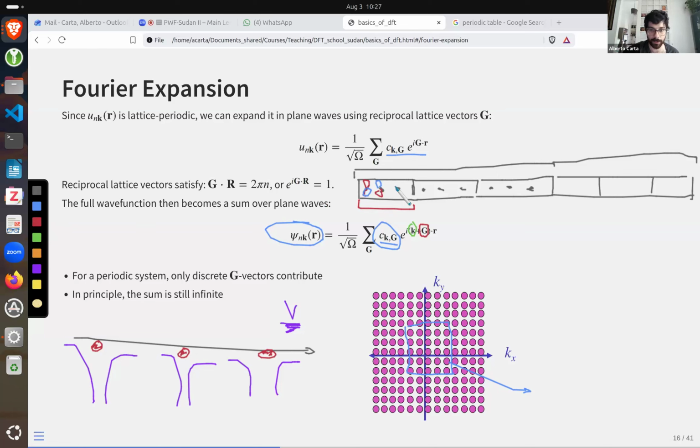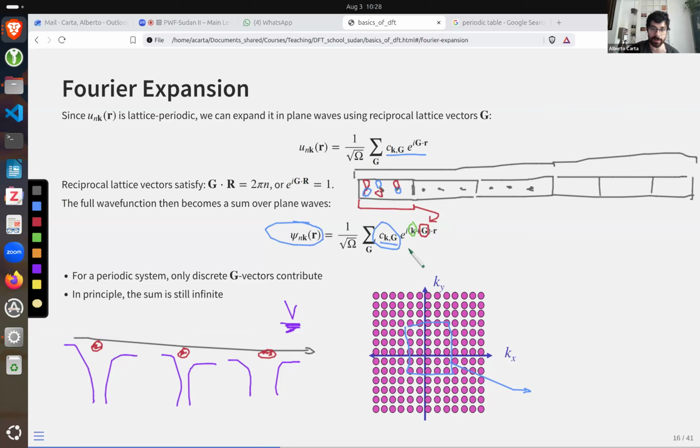I'm trying to draw nice p states, maybe failing miserably, but hopefully you get the idea. Anything that happens within one single unit cell is described by this G vector.